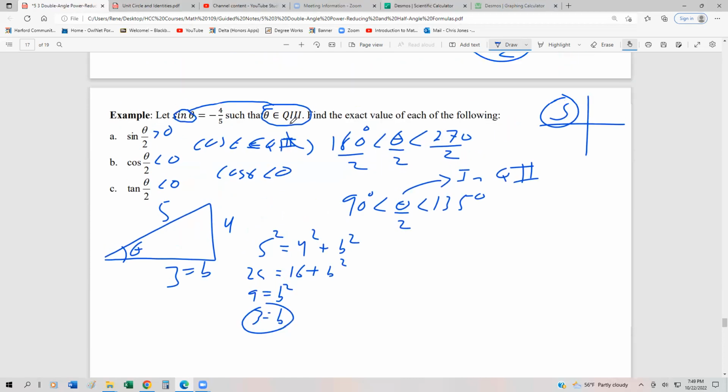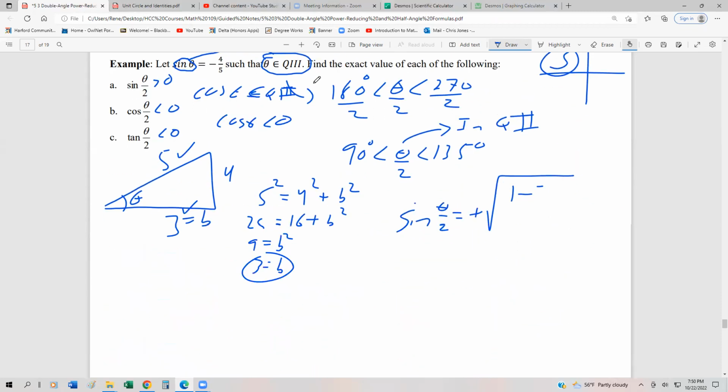At this point, we're just going to use our formulas. Remember, our half angle formula is sine of theta over 2 is plus or minus square root of 1 minus cos theta divided by 2.